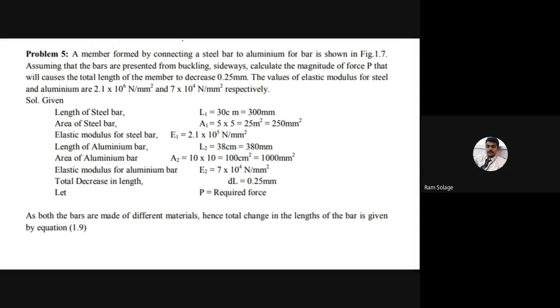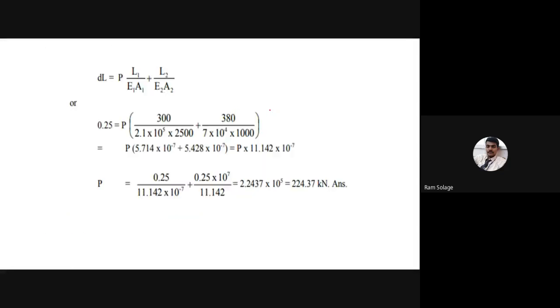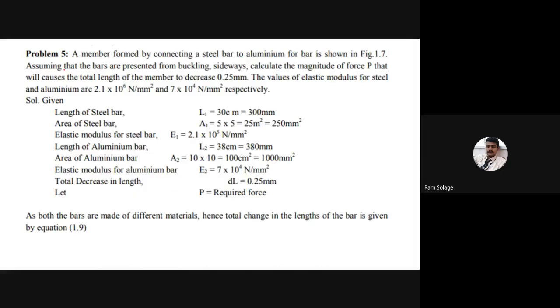A member formed by connecting a steel bar to an aluminum bar is shown in the figure. Where is the figure? The figure is not given. Correct. Now, assuming that the bars are prevented from buckling sideways, calculate the magnitude of force P. Means what?